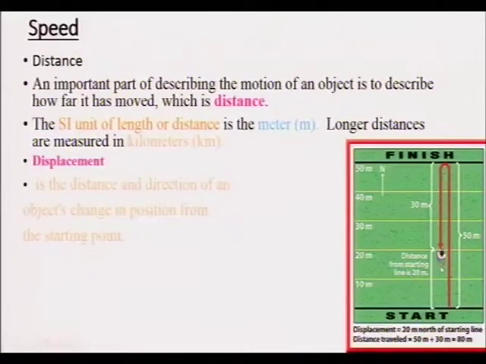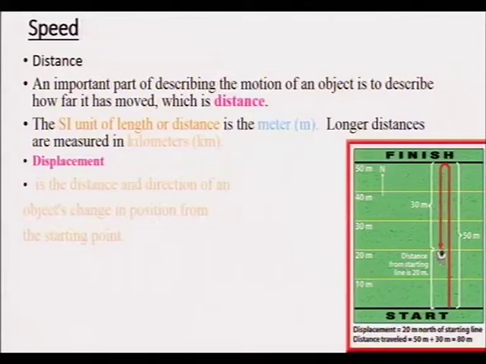Let's say this person is running, starting from a start, and ran for 50 meters and came back again, but he didn't come back to the same position where he started. He ended 20 meters from the start. Now, what is his change in position? What is his displacement? His displacement is just 20 meters, because from where he started to where he ended up, his change in position is just 20 meters.